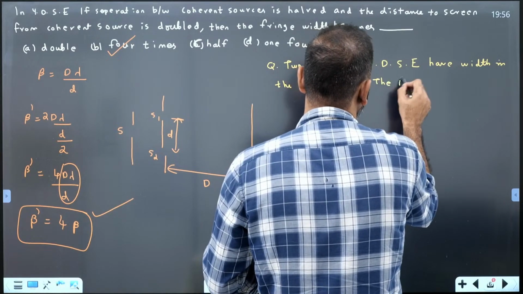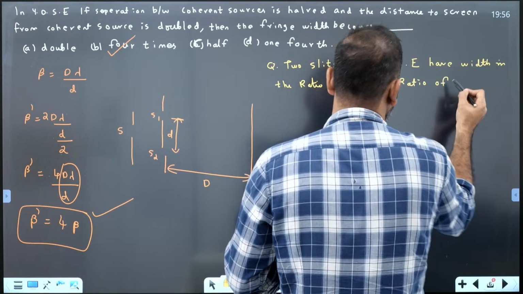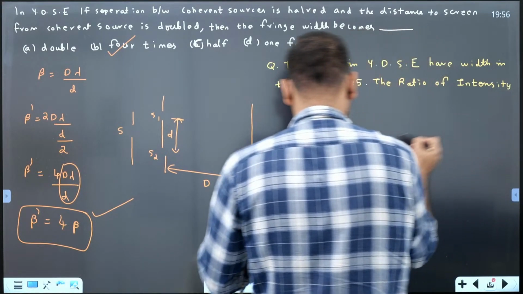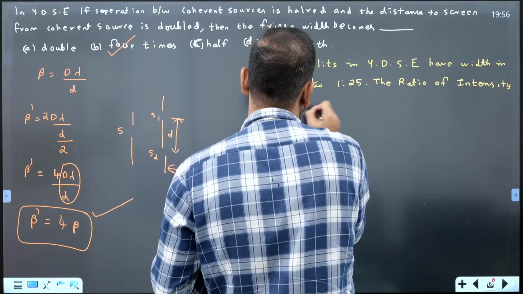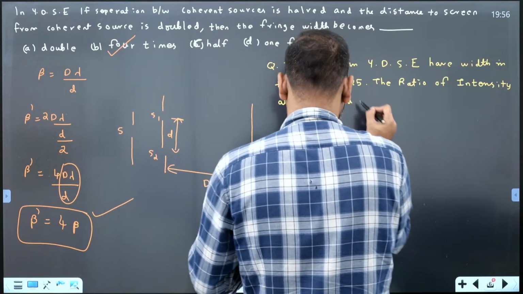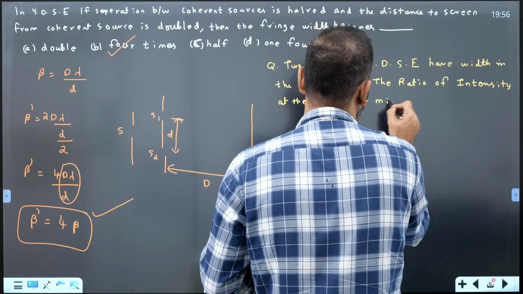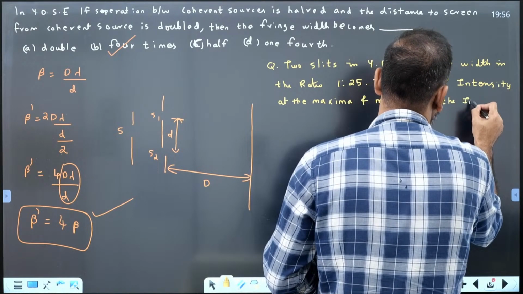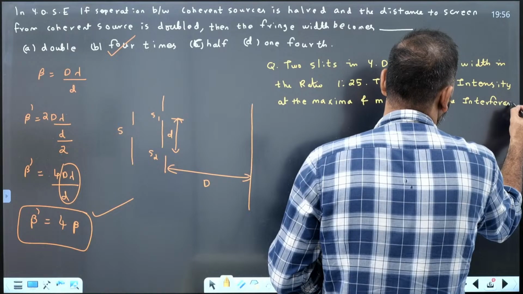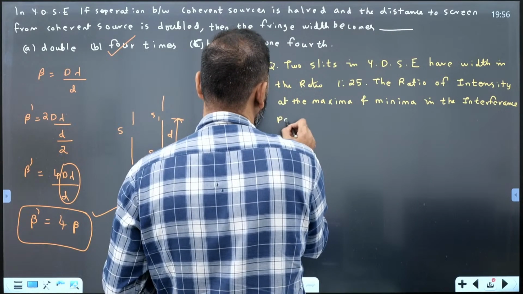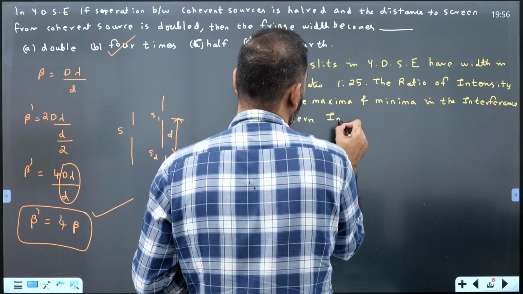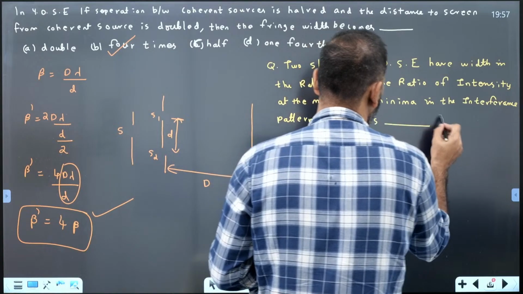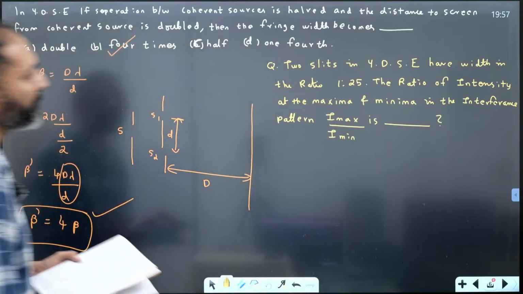The ratio of intensity at the maxima and minima in the interference pattern, Imax by Imin, is dash.